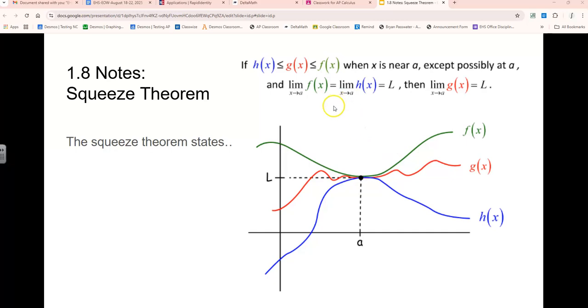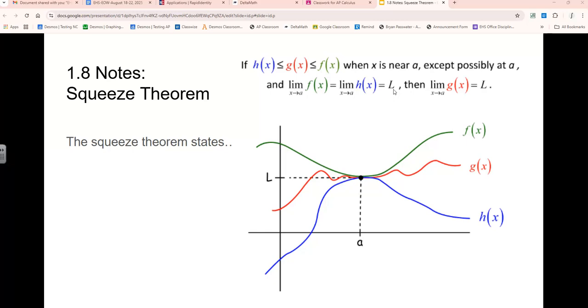So if we know that the limit as x approaches a of the top function, which is f in this case, equals the limit as x approaches a of h, which is the bottom function, if they are both equal to the same thing, right? So if our top function is equal to something and our bottom function is also equal to that same thing, then whatever function is in the middle of those two also has to have those same limits.